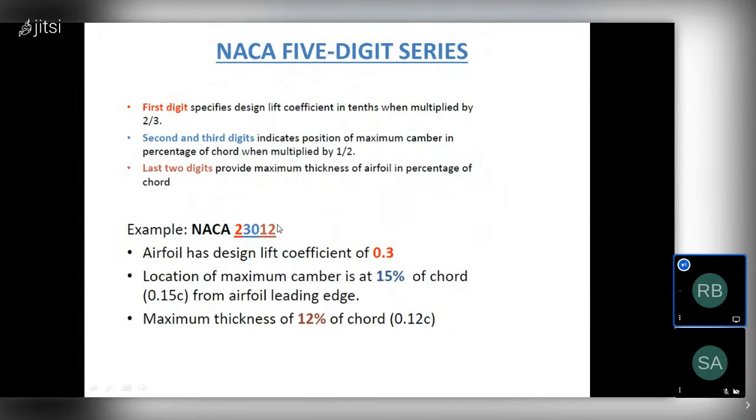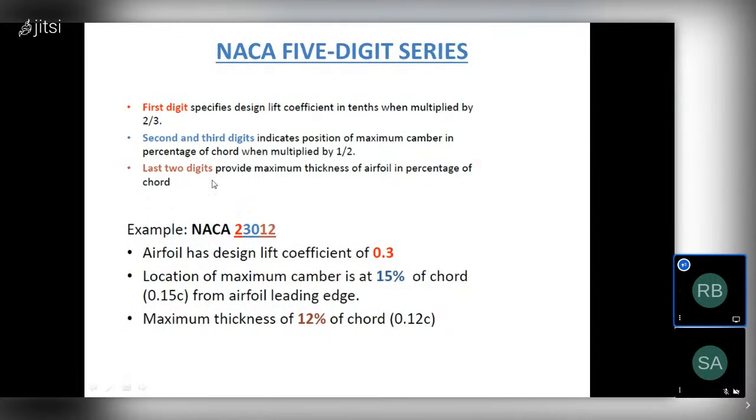If you see any such numbers, that is NACA followed by a 5 digit number, then the first digit, the 2, specifies the design lift coefficient in tenths when multiplied by 3/2. And the second digit, 3 in this case, indicates the position of your maximum camber in percentage of chord when multiplied by 1/2.